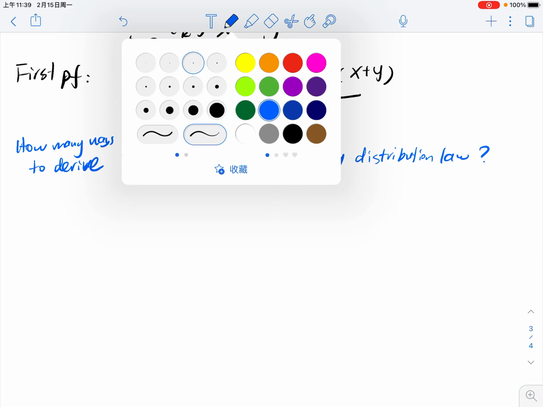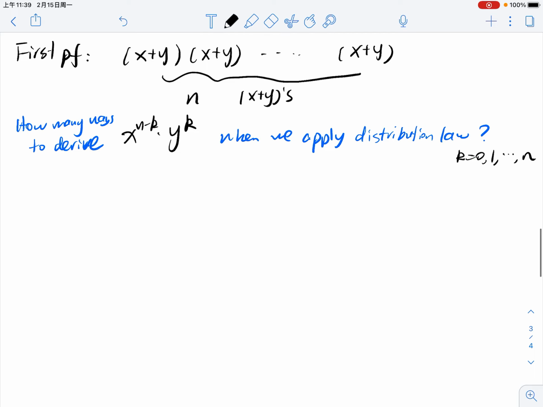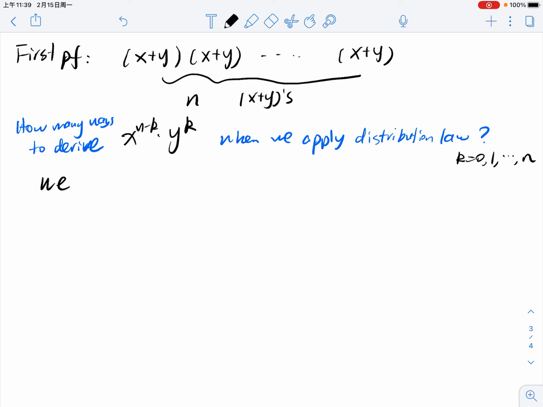So here k is an integer from 0 to n. And you will see this is equivalent to asking how many ways to pick k y's from the product.